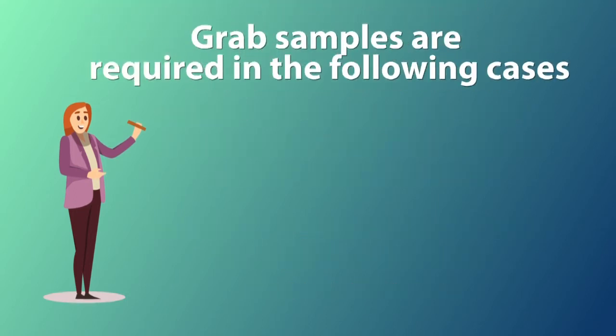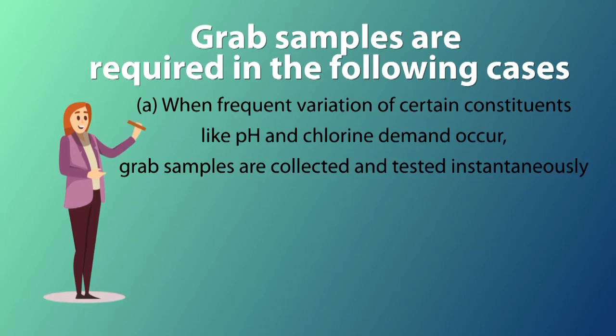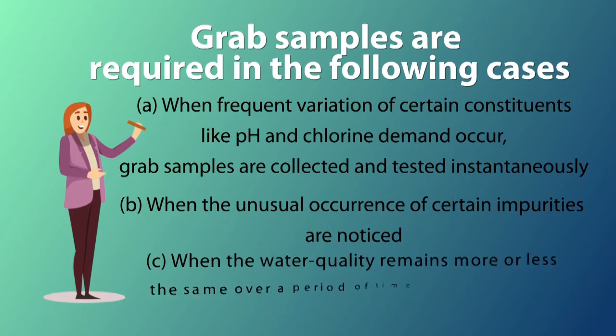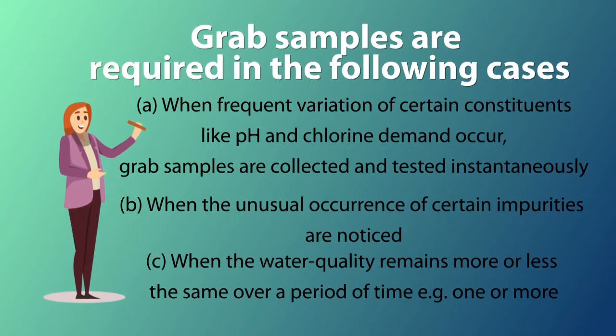Grab samples are required in the following cases: when frequent variation of certain constituents like pH and chlorine demand occur, grab samples are collected and tested instantaneously. When the unusual occurrence of certain impurities are noticed, when the water quality remains more or less the same over a period of time.